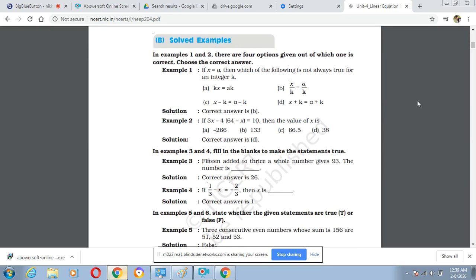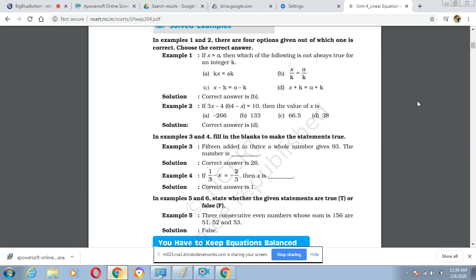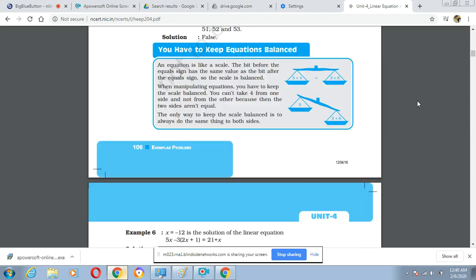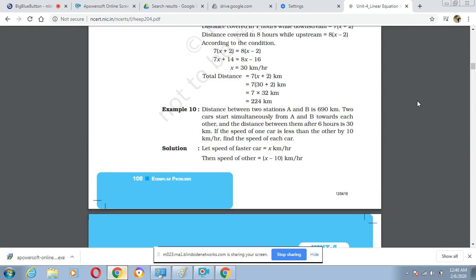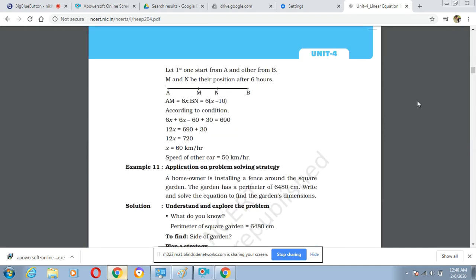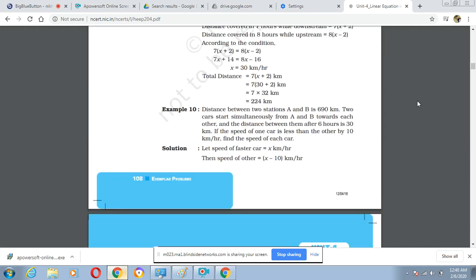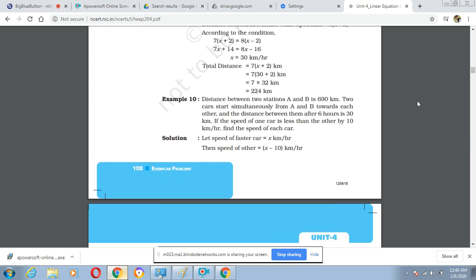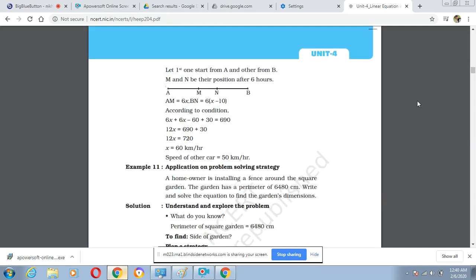Yeah, you can take it now. Examples 2, 3, 4, and 5 you can do. Okay, we'll go to this. Copy them.